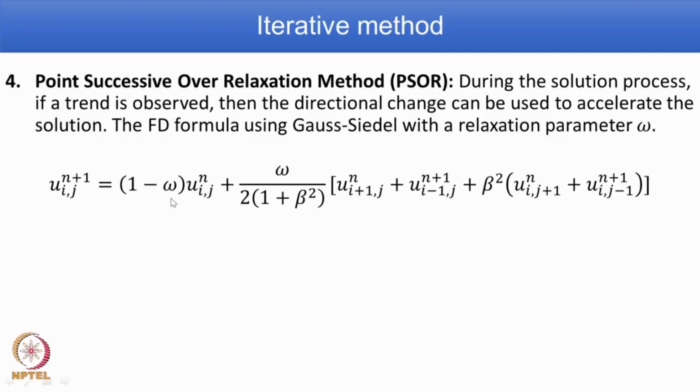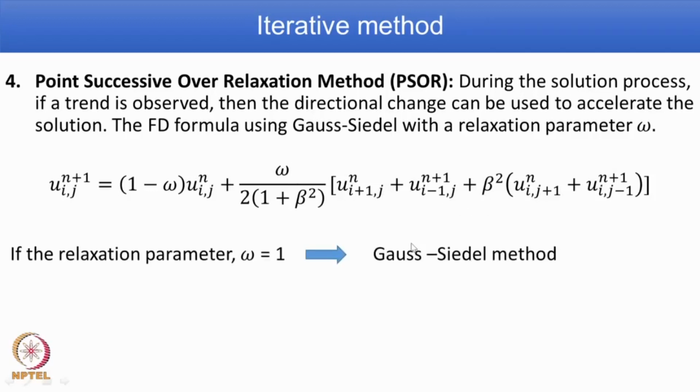So, we take 80% weightage of the previous level value for the same node i, j. That is the meaning of the term 1 minus omega u i, j, n, and for the remaining terms we introduce omega for taking the weightage of neighboring nodes.